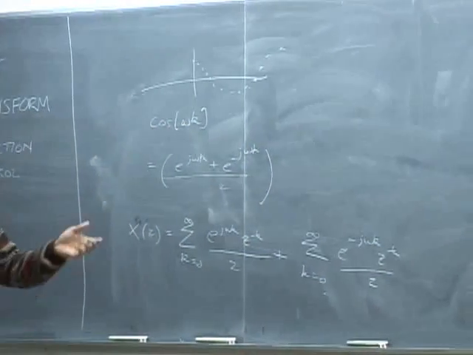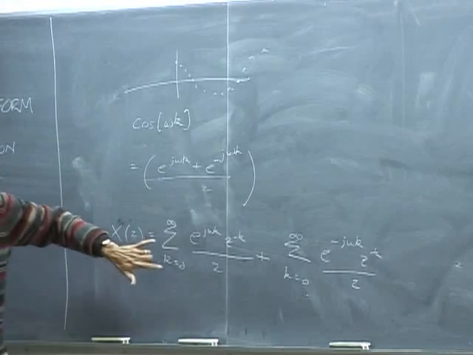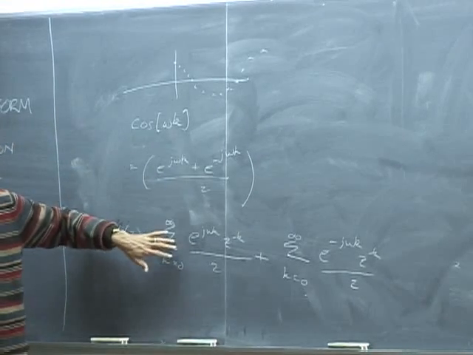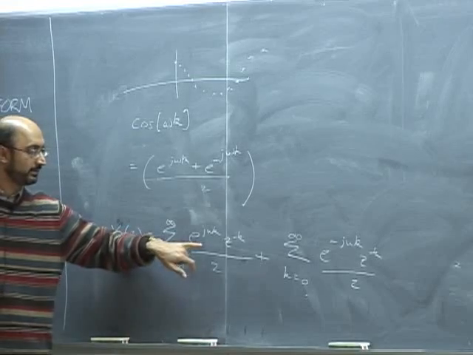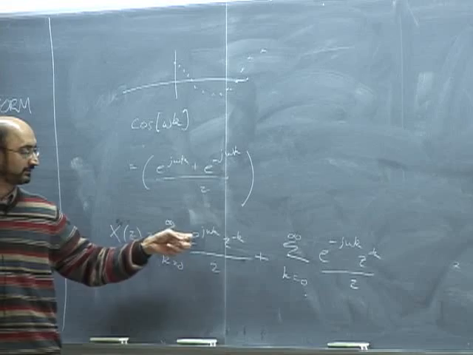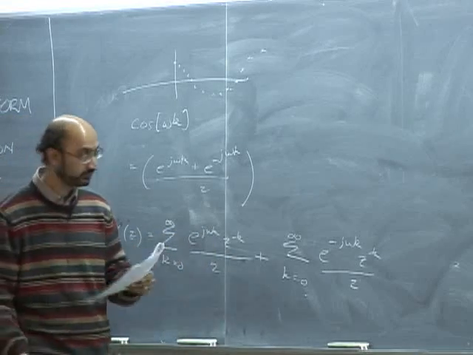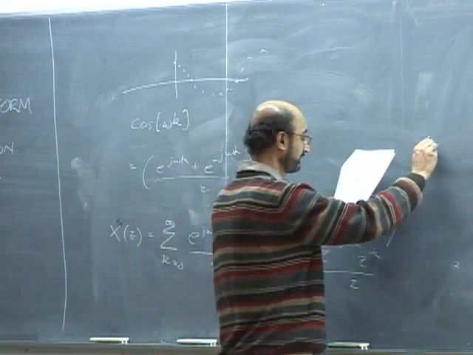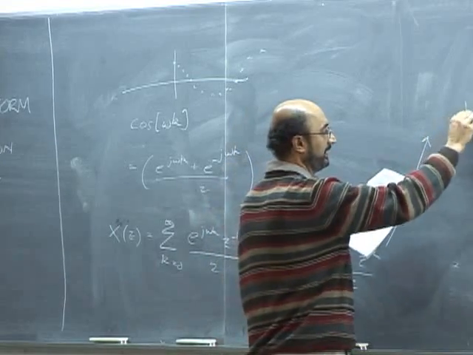Now, we already saw just now that the z transform of e to the minus ak is 1 over 1 minus e to the minus a z inverse.